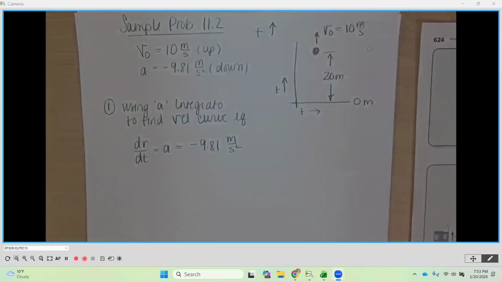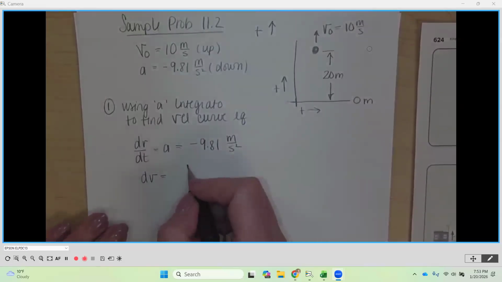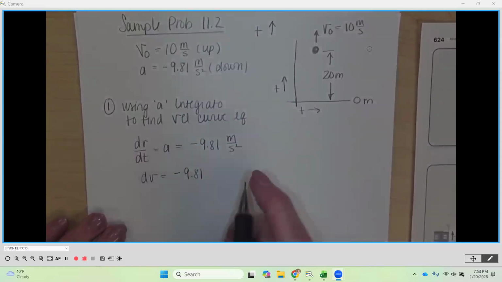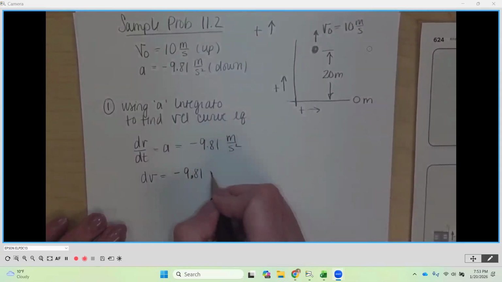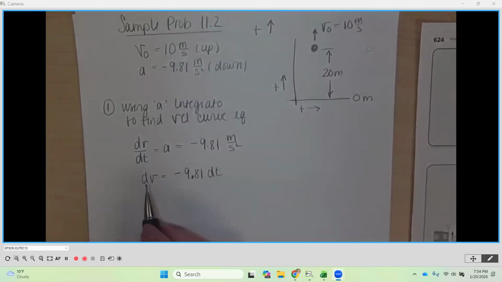Now, we want to solve so that we get the velocity by itself because we want to find the velocity equation. So we're going to say dv is going to be equal to our negative 9.81, just substituting that for the acceleration, times dt. You don't need to hold the units through these equations because they're not going to end up canceling out. Now we're going to take the integral of each one of those sides.